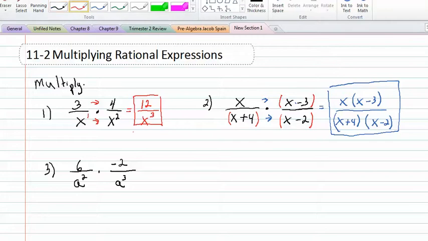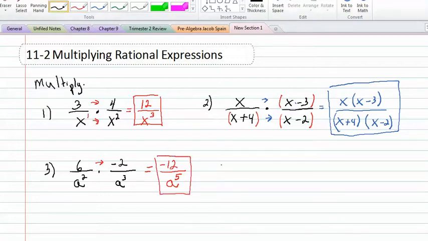So now I'm just going to multiply straight across. So I have a negative 12. And again, when you're multiplying bases, what are you going to do with the exponents? Add them. So there's my answer for number 3.